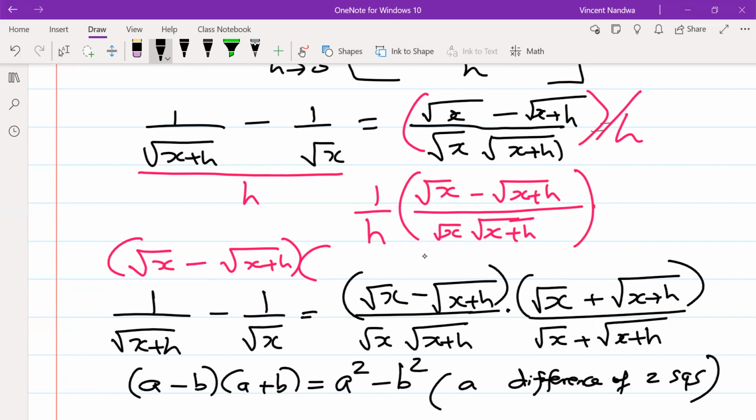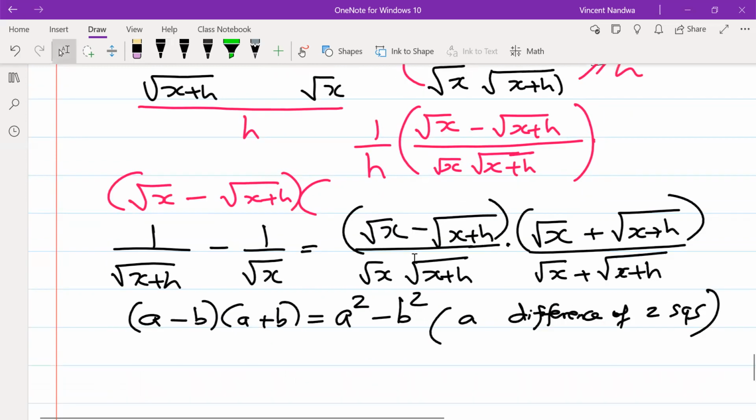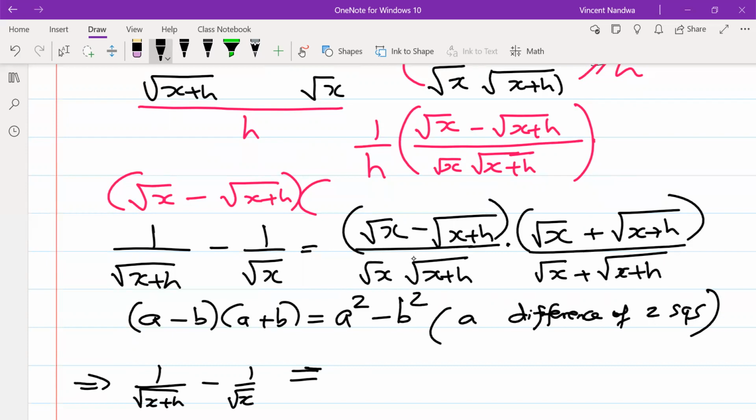So our new numerator will be one. Why one?